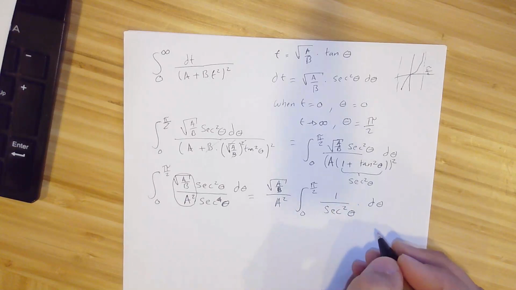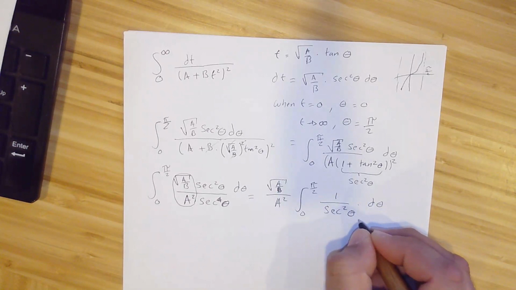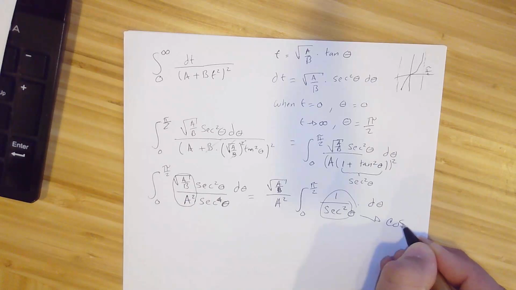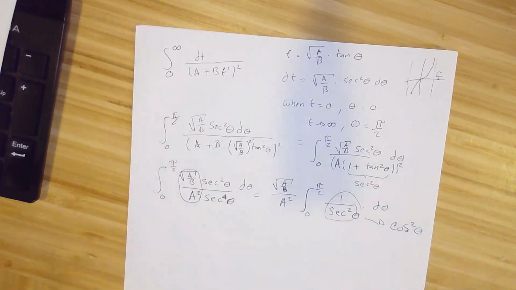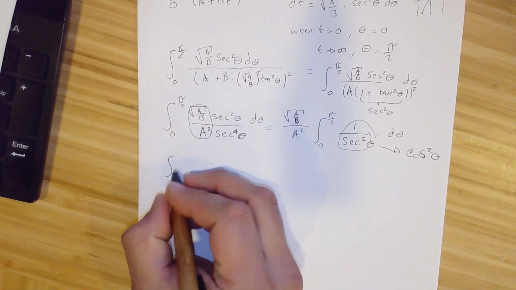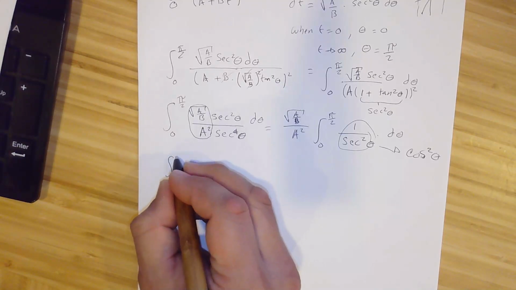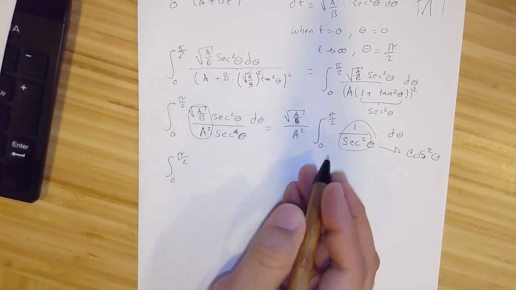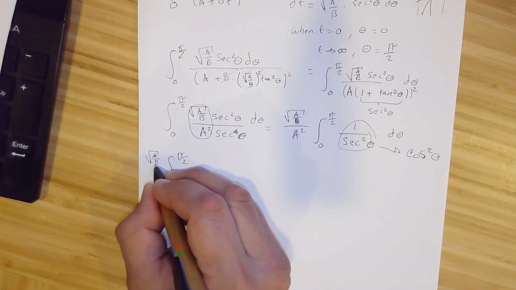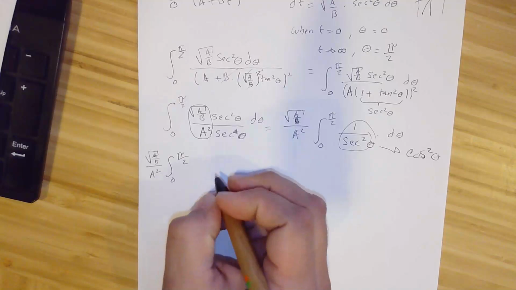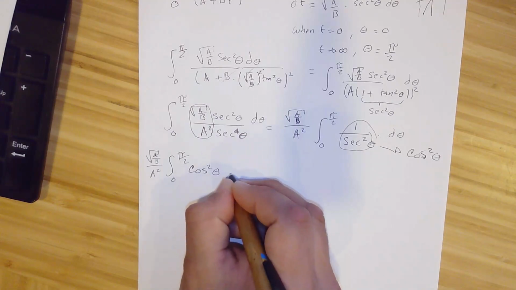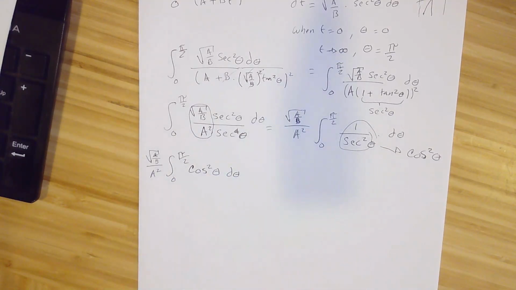So the inverse of the secant is again the cosine, right? So basically all this part will be cosine, and because it's squared, cosine squared of theta. So we will have from 0 to pi over 2. Oh, I forgot to put all this, right? Square root of a over b over a squared of cosine squared of theta by the derivative of theta.